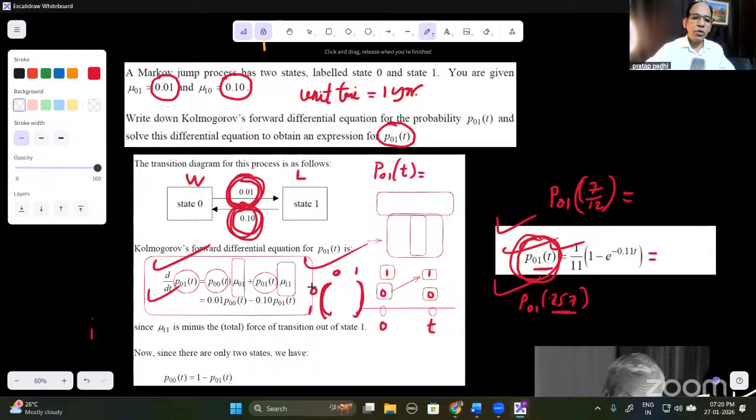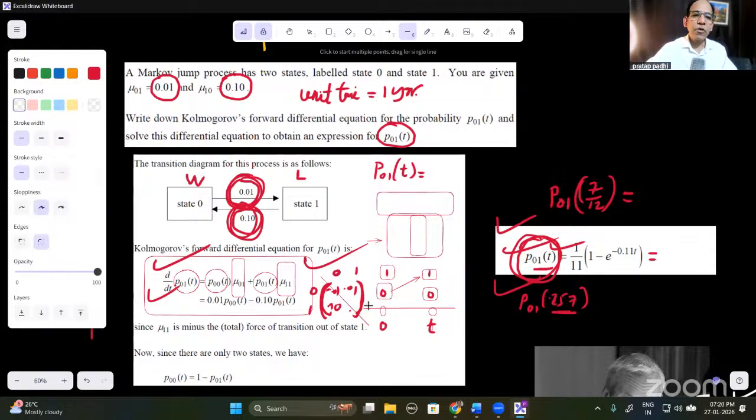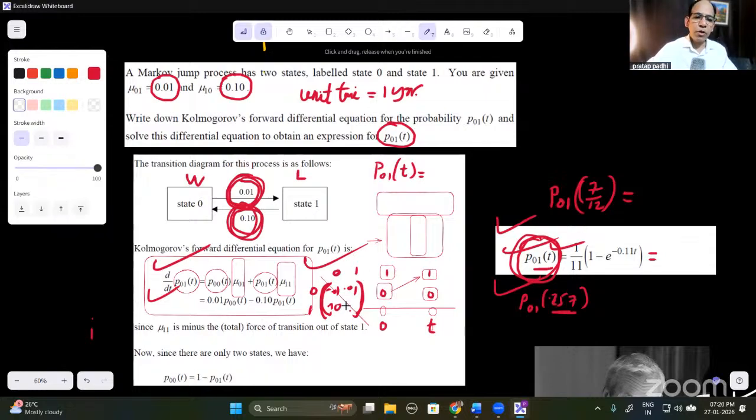Mu 0,1, from 0 to 1, is given as 0.01, and 1 to 0 is 0.10. Remember, the diagonal elements will not be given. These are the negatives of the sums of the others; again, there is a proof here, we'll do that. Here there are only two, so I'm writing minus 0.01 and minus 0.10. These are the generator matrix elements.